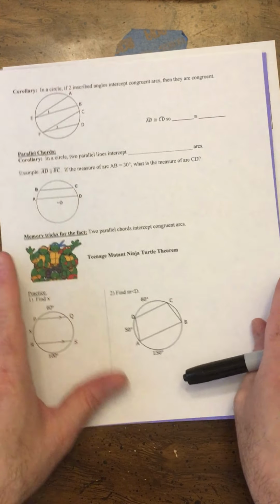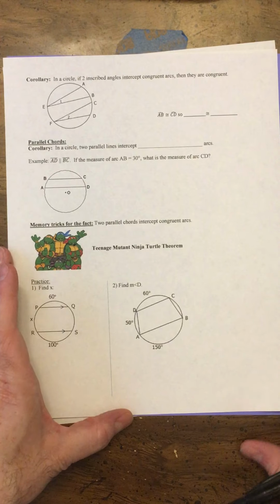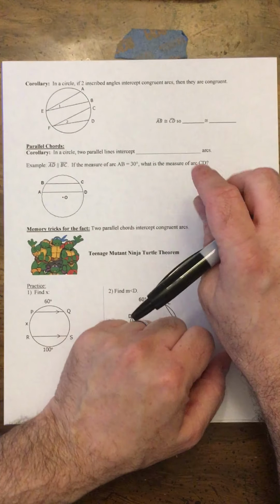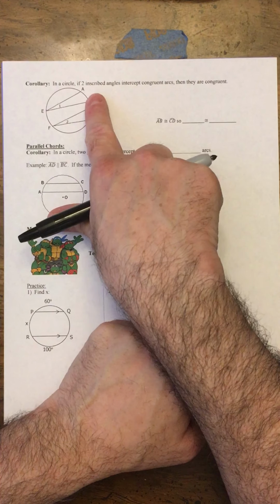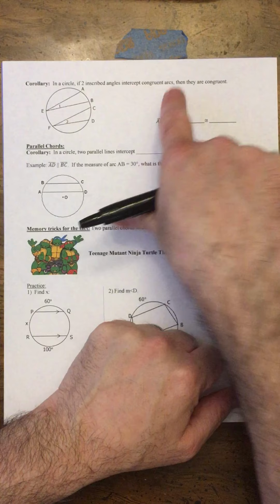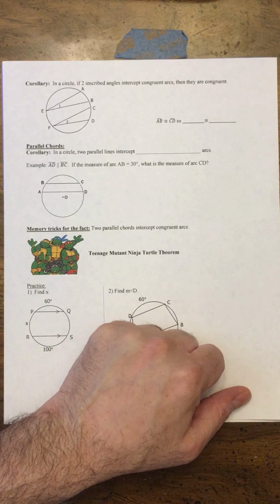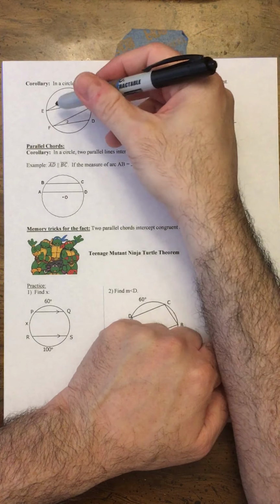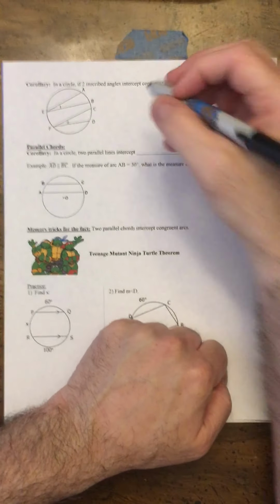Here's another fact. Corollary is just a related fact to a given fact, so that's all it means. All this says is that in a circle, if two inscribed angles intercept congruent arcs, then they're congruent. So let's say arc AB and arc CD are equal. Then angle 1 would have to be equal to angle 2.